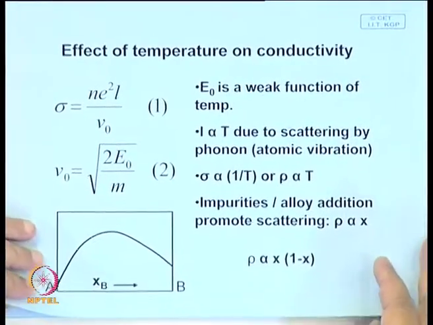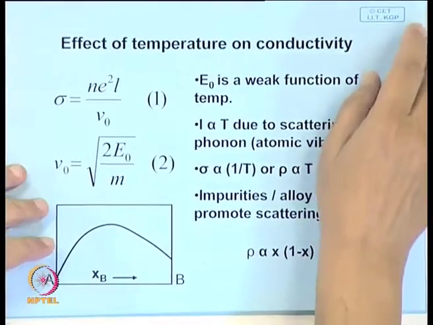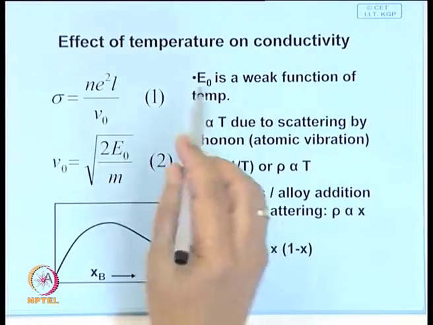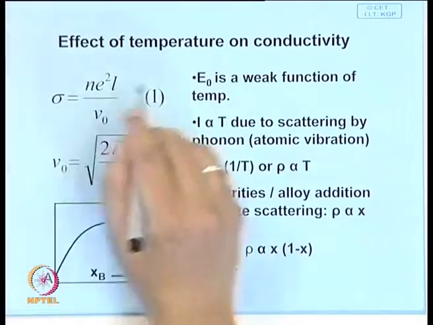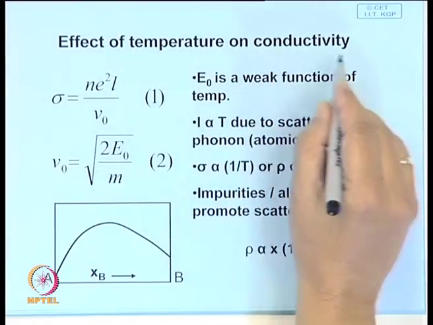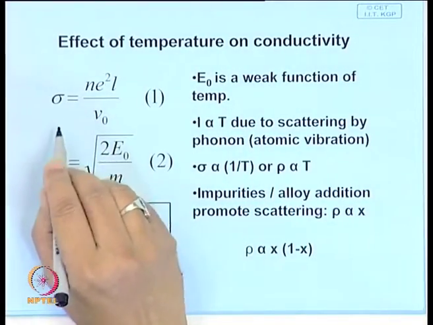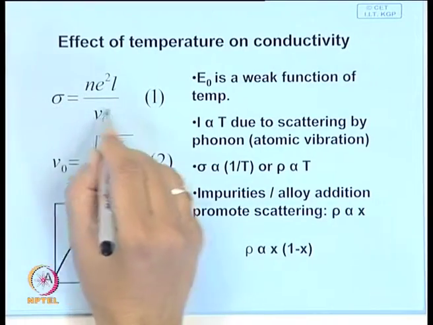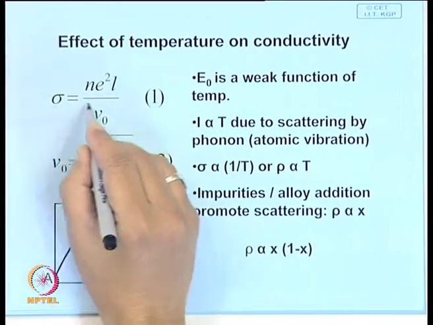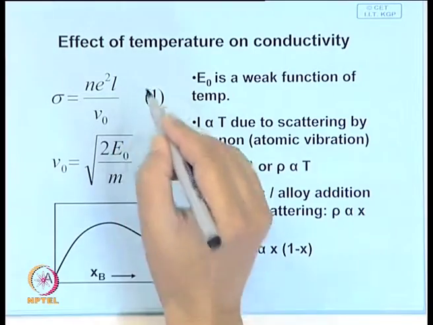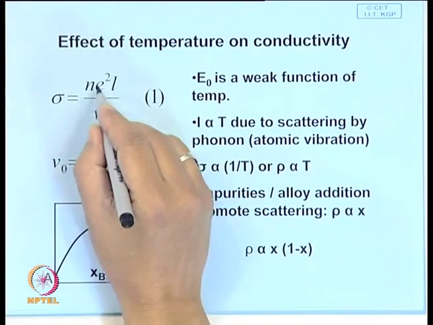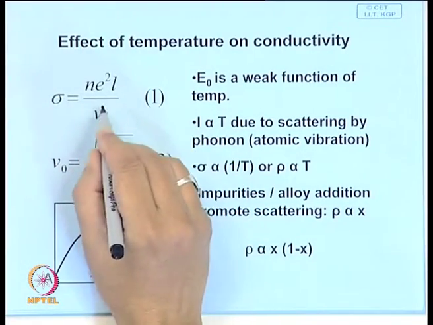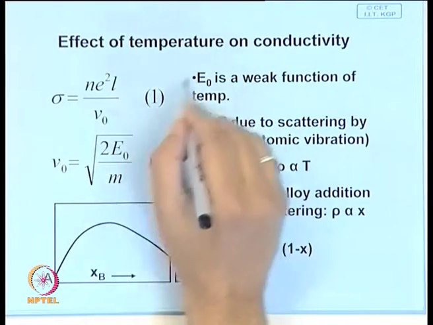Now, let us look at the conductivity in a little more detail: the effect of temperature on conductivity. This conductivity expression is written like this. Which are the terms affected by temperature?